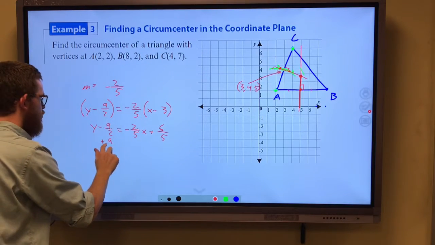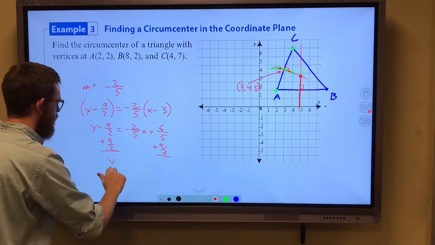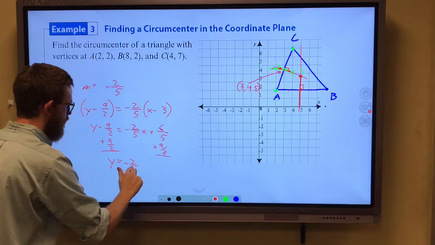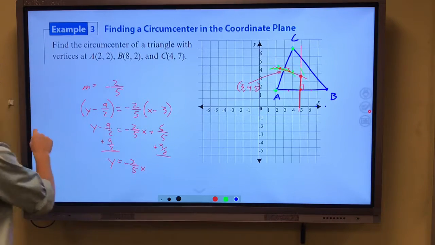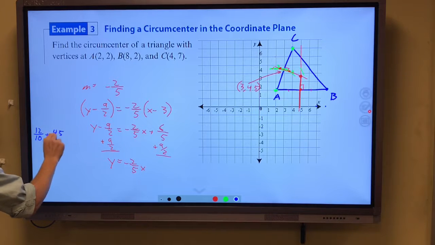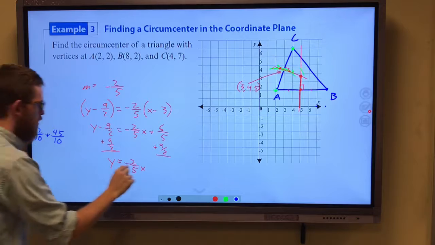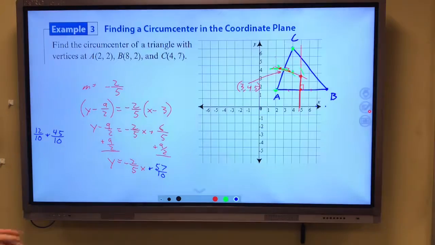I add 9 over 2 to both sides. And 6/5 plus 9 over 2, that'd be 57/10.